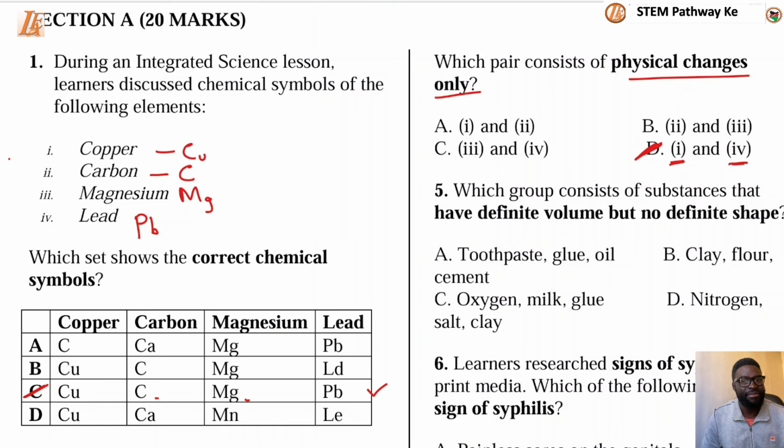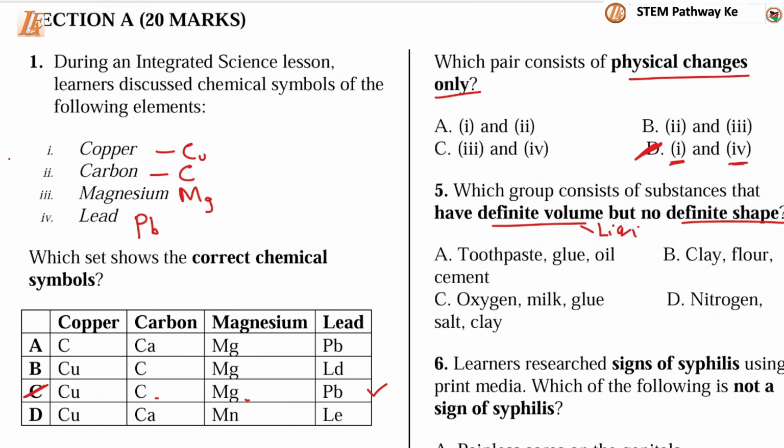Another question: which group consists of substances that have definite volume but no definite shape? Remember, the physical state that has definite volume but no definite shape, in this case we are talking of liquids or pastes.